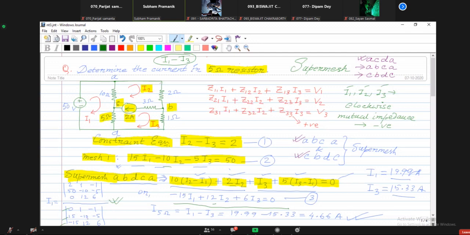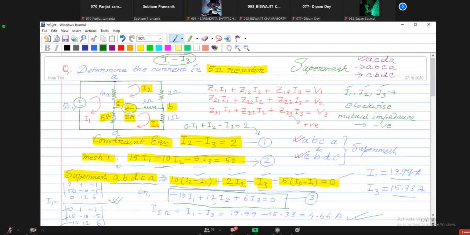Are you getting this? The constraint equation is I2 minus I3, so you can write this as 0 into I1 plus I2 minus I3 equals to 2, right? Consider this as the first equation, this as the second, and this as the third equation.